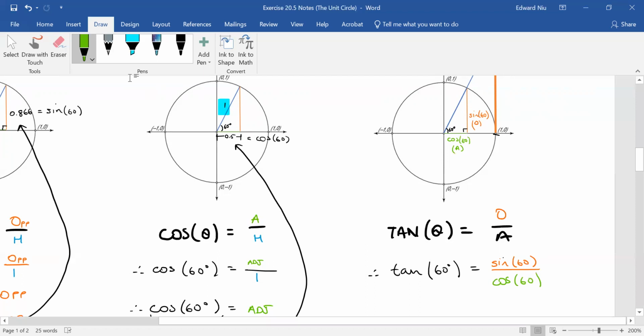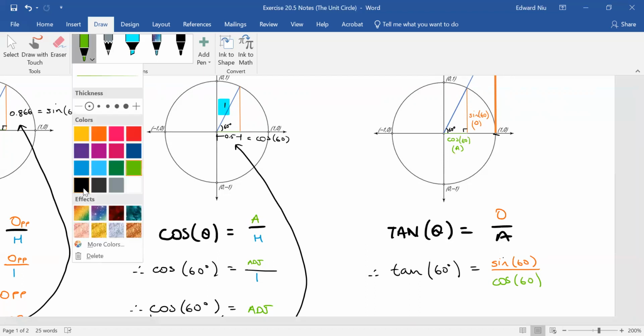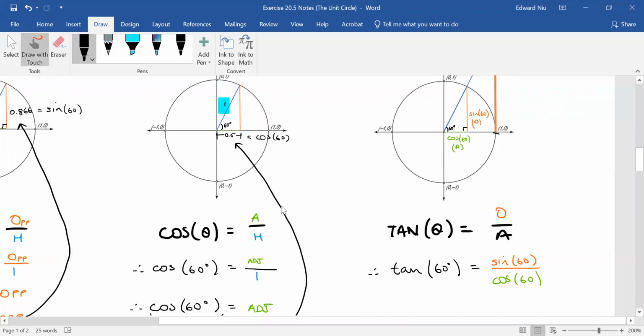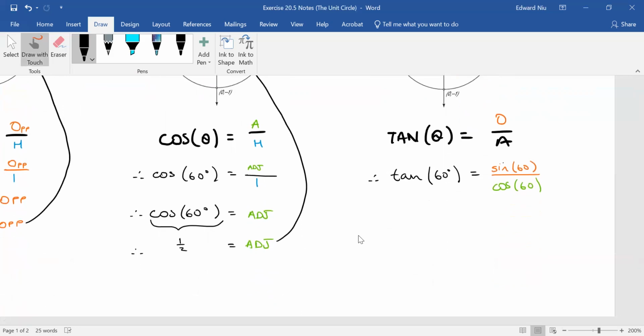This will get us root 3. In other words, at tan 60 degrees, we get a length of 1.73.